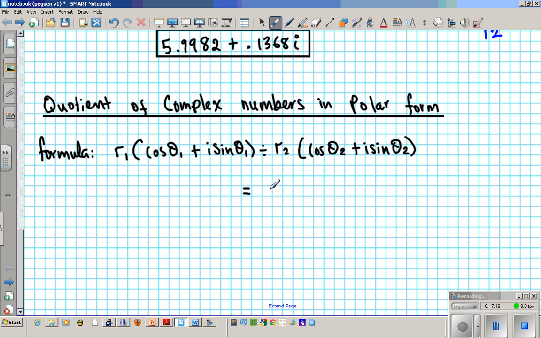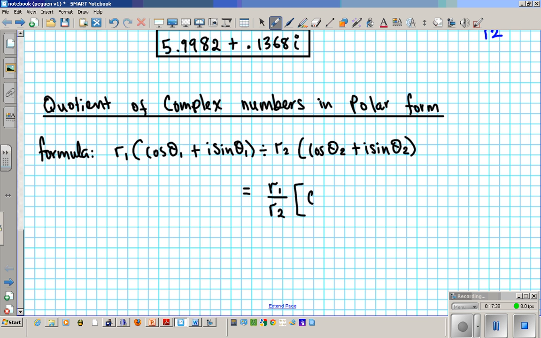All you simply do is you divide the absolute values of the radius, r1 divided by r2, times, remember for product we added the angles.